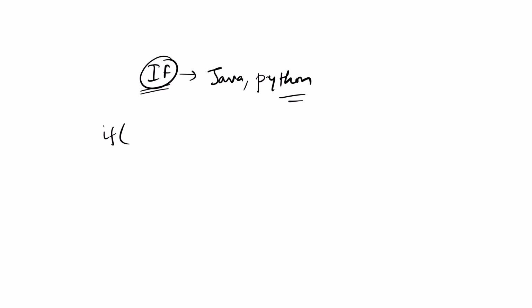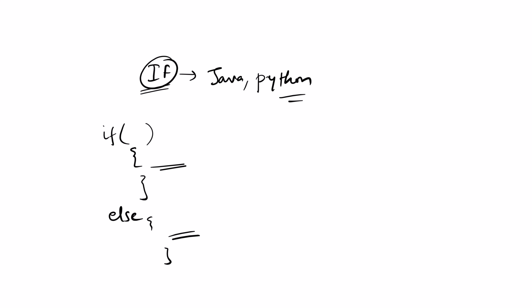So let us first learn about the if condition. Now if you have learned Java or maybe Python or any other programming language, you must have used if statement. So if statement works something like this: you write if, then you write the condition, then you have the command within the brackets, and then you have else, and then another section of code.